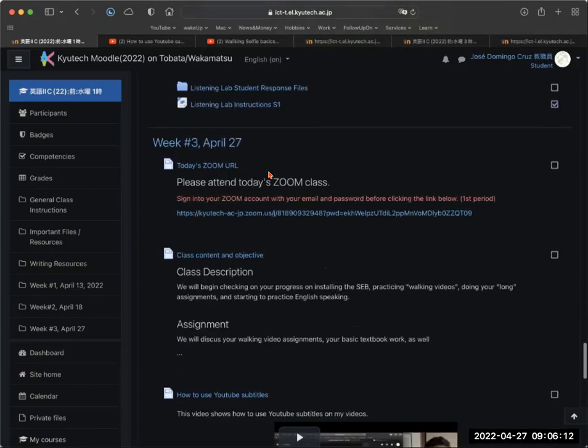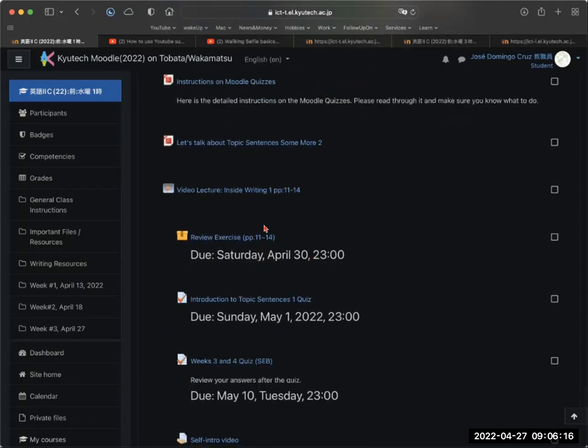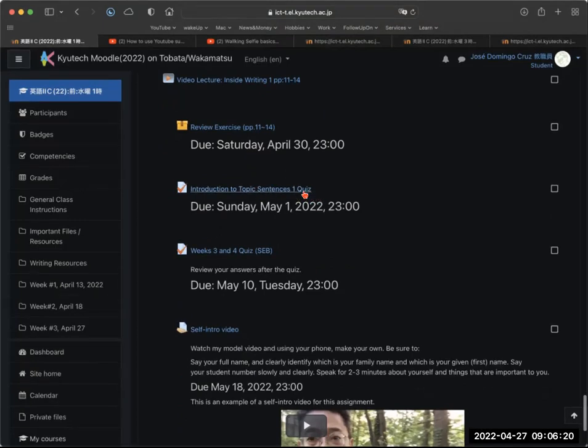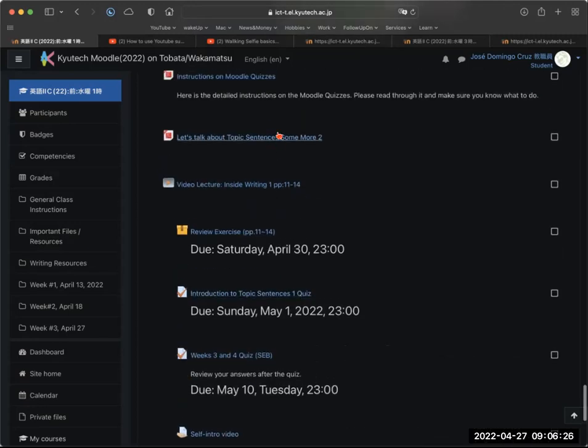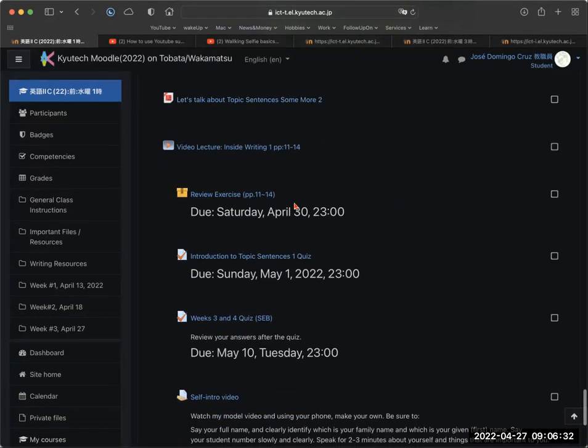And then you have a quiz on that. There it is, topic sentences 1 quiz. This quiz is about last week's PDF. Then you have this week's PDF, which you'll have a quiz about in the next class after Golden Week. Before Golden Week, you still have your homework.